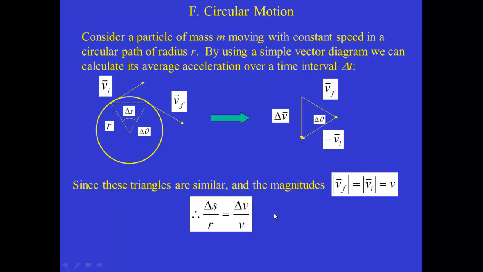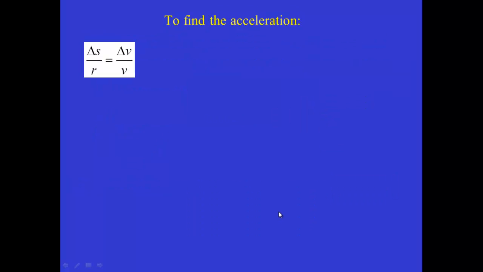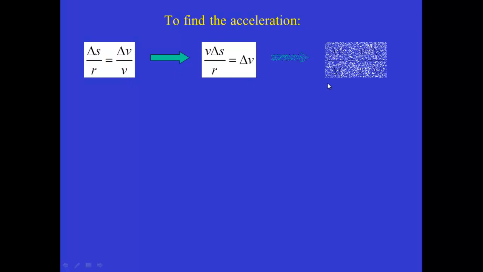What's nice about that relationship is it's going to allow us to write down an expression for the acceleration of this object. So here is the proportionality that we just worked out based on the similar triangles. Now we can solve for delta v from that, just multiplying both sides by v. So we get that delta v is v delta s over r.